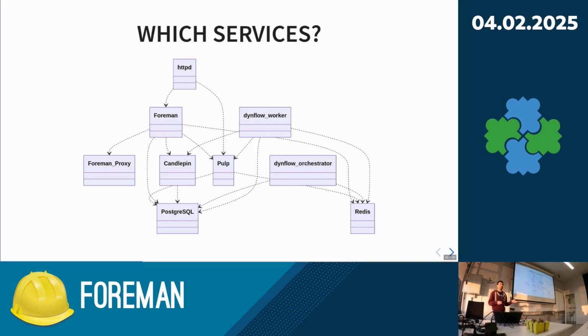How do we pick the first service to replace? Just pick the easiest target, and it's not Foreman, by far not. If you ever had to deploy Katello, you've seen Candlepin here in the middle, which is responsible for all things subscriptions for your client machines.